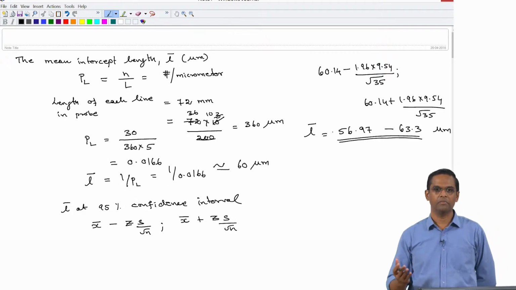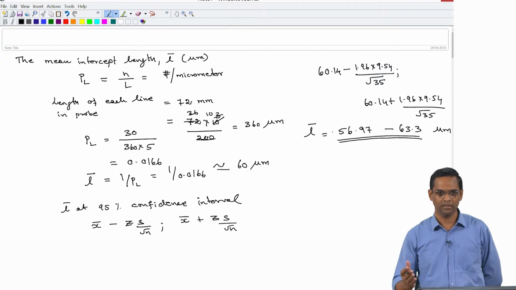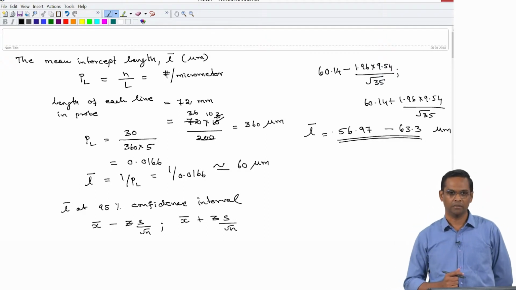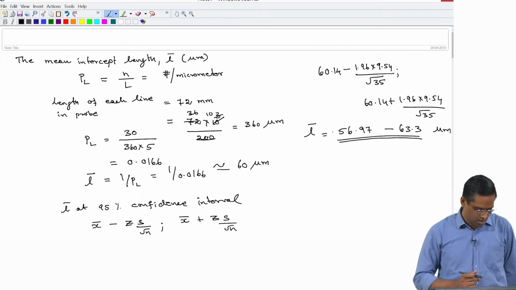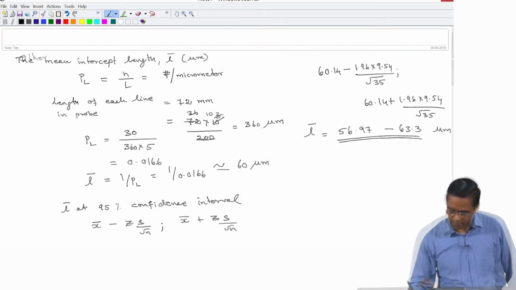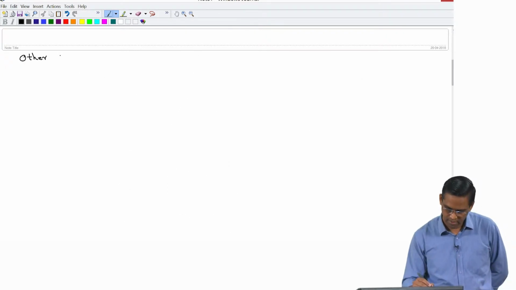At least 95% of the grains will fall in this range. That is the physical meaning of this mean intercept length calculation. So, now we will move on to the next topic, other grain size measures.